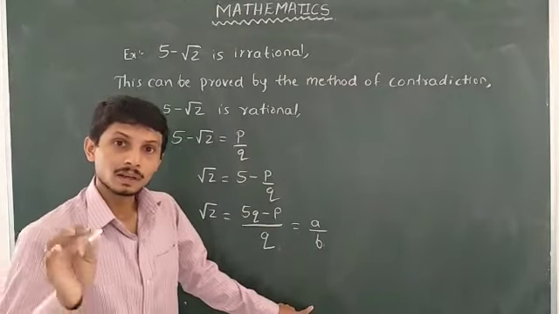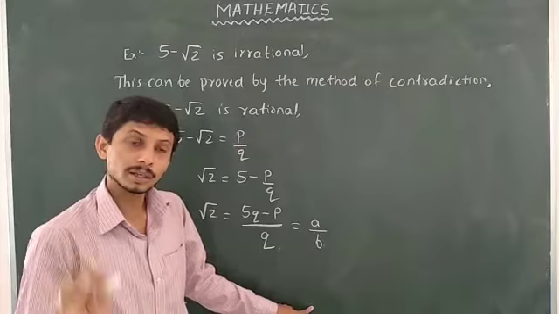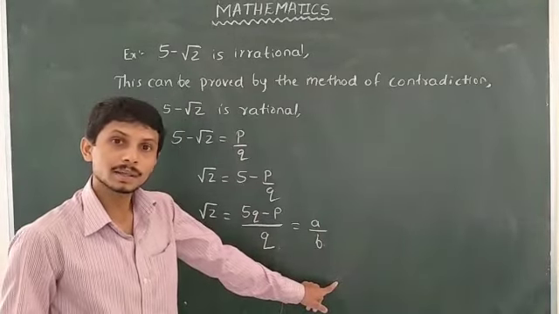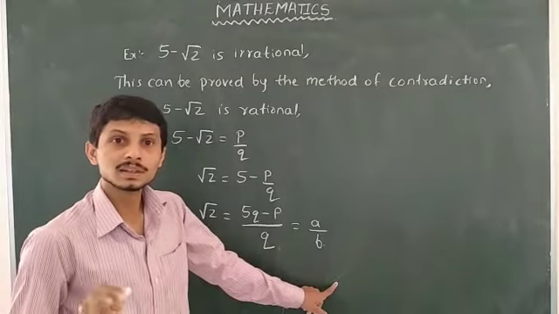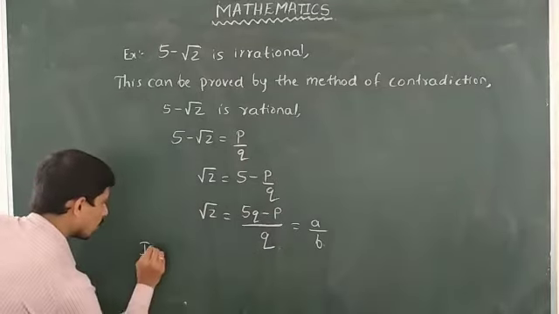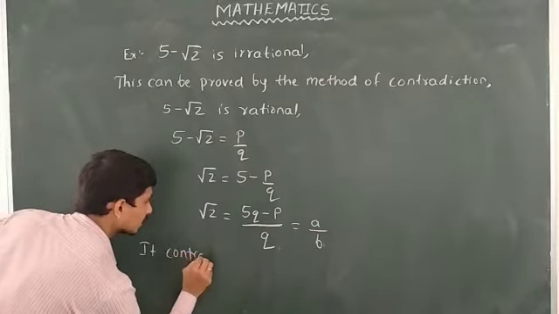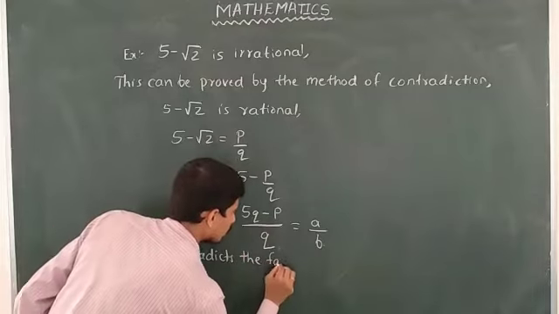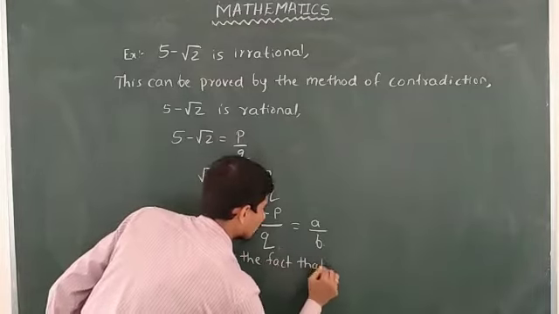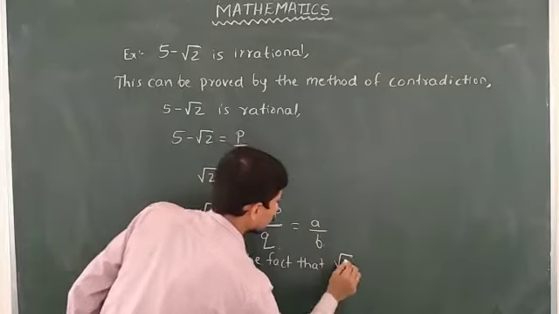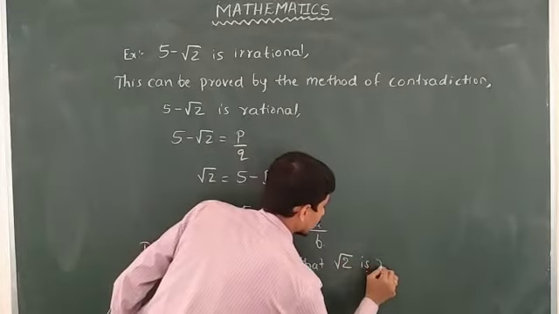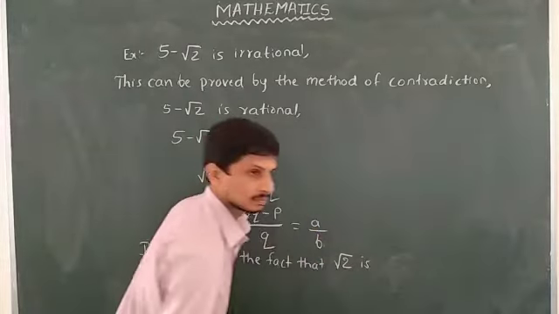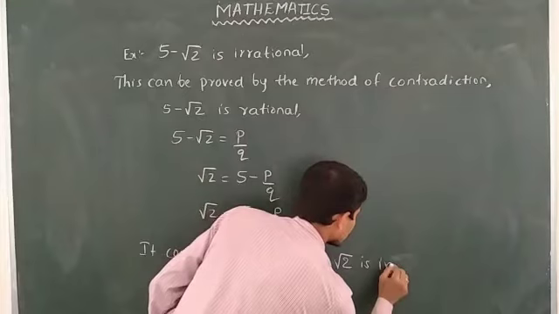But we already proved that root 2 is an irrational number. Here it contradicts the fact that root 2 is irrational.